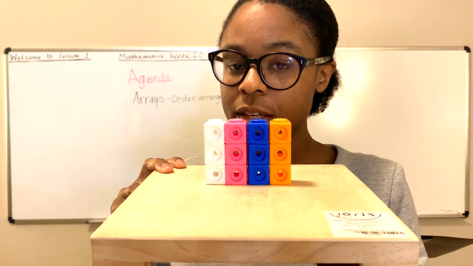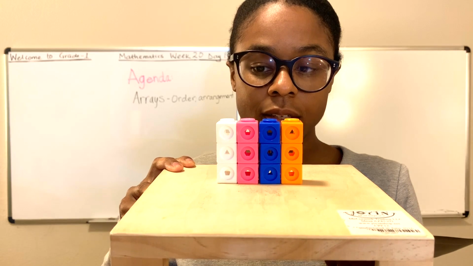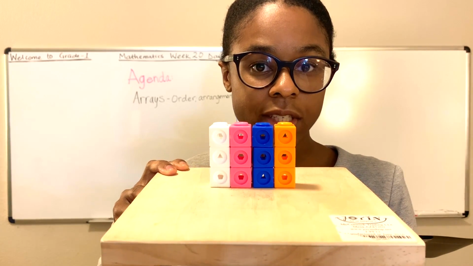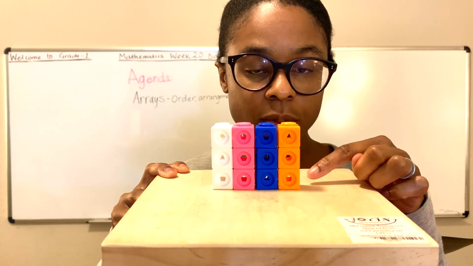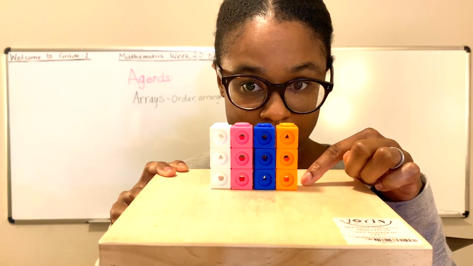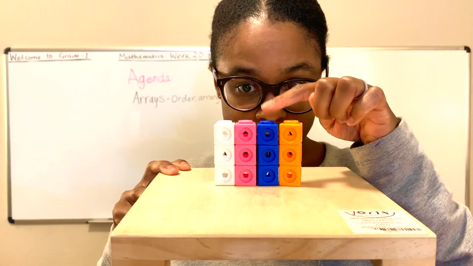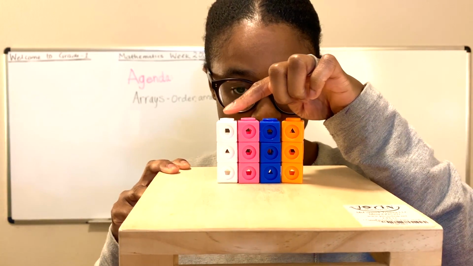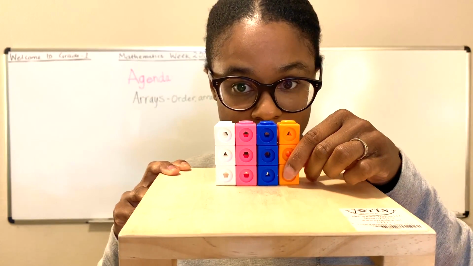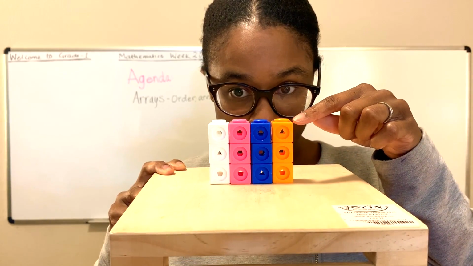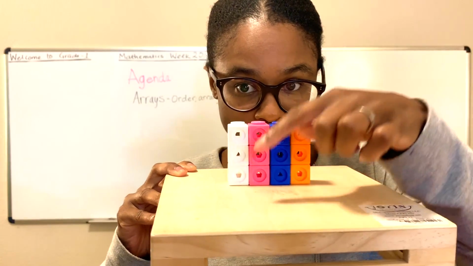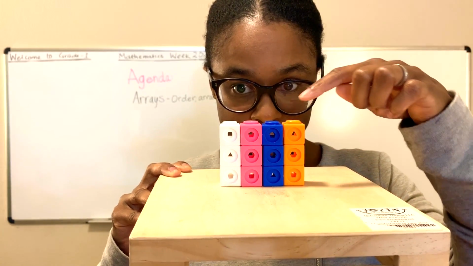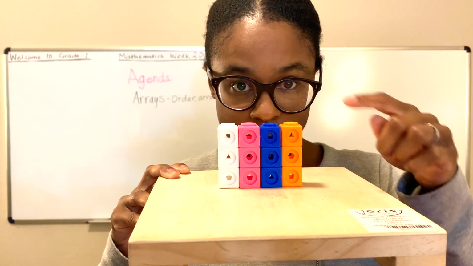Without counting in units, using your skip counting understanding, how many cubes are here? Well, if there are 3 cubes in each, you're going to count by 3s. 3, 6, 9, 12. We would say 3 times 4 is 12 cubes. 3 times 4 groups is 12.